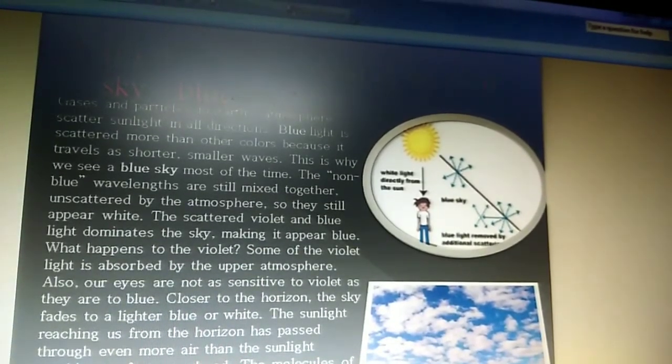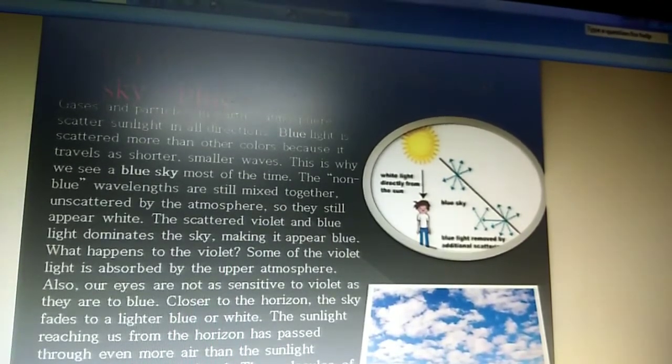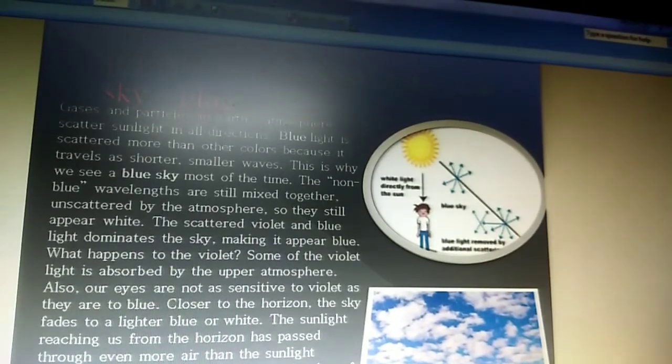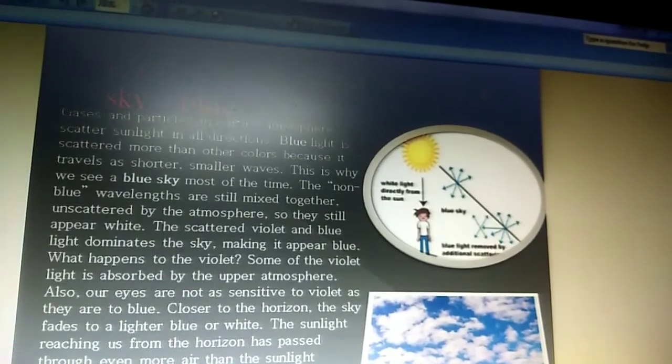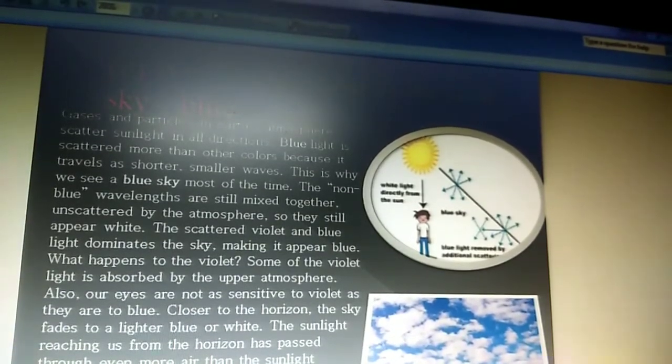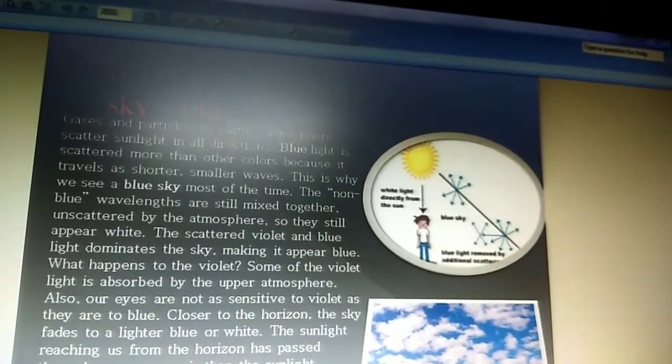This is why we see a blue sky most of the time, and the non-blue wavelengths are still mixed together, unscattered by the atmosphere, so they still appear white. So the scattered violet and blue light dominates the sky, making it appear blue.